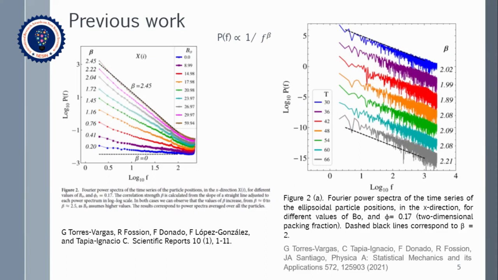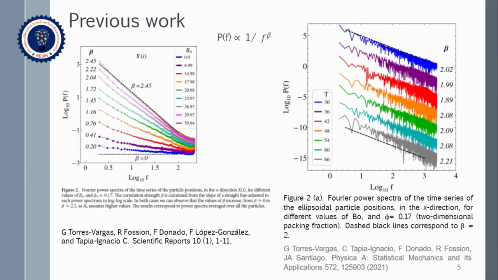In the case of the thermal bath, we have shown that the beta exponent, which measures the strength of the long-range interaction, goes from high values of 2.45 to almost 0, showing that the motion of the particles in the bath is diffusive only at high effective temperature.